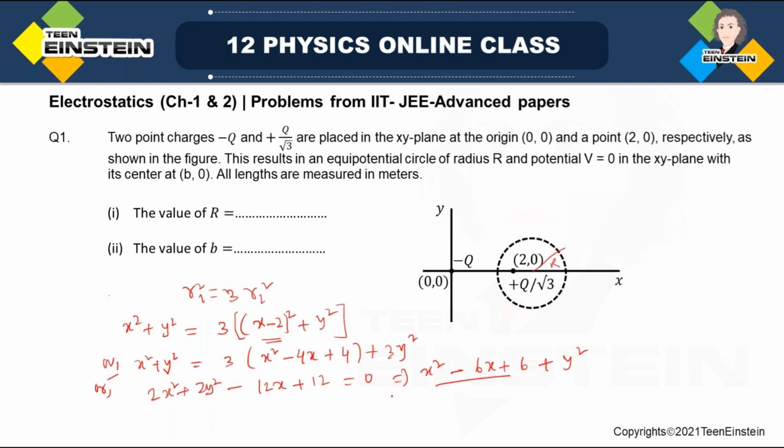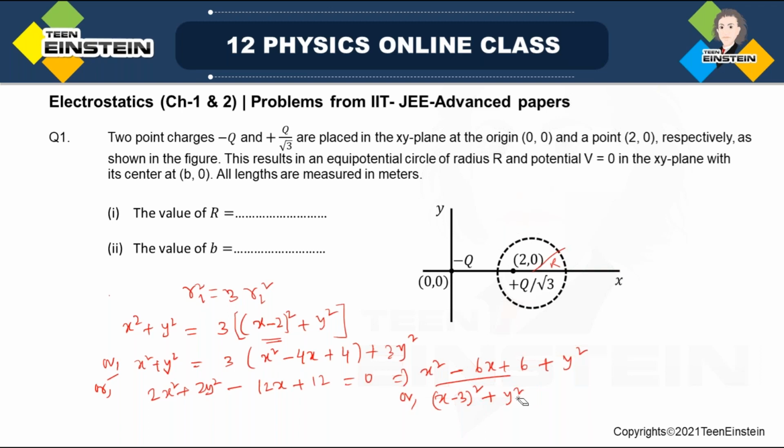So this part we can just make in the form of a whole square. See what we can do: x minus 3 whole square plus y square minus 3.